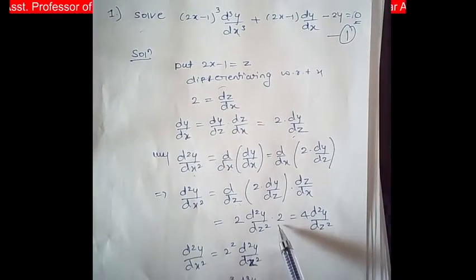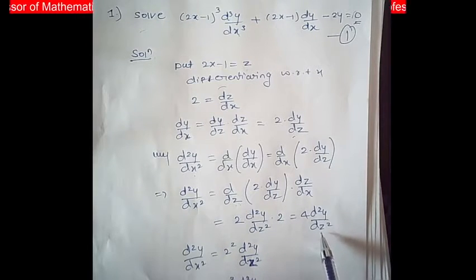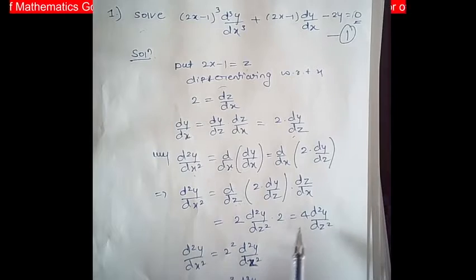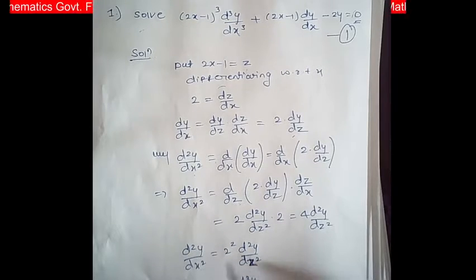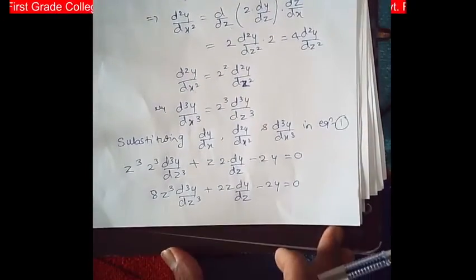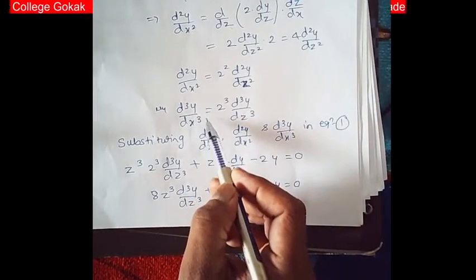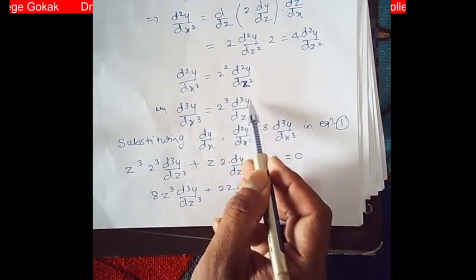So we get 2 into 2, 4, d square y by dz square. In other words, d square y by dx square is 2 square d square y by dz square.